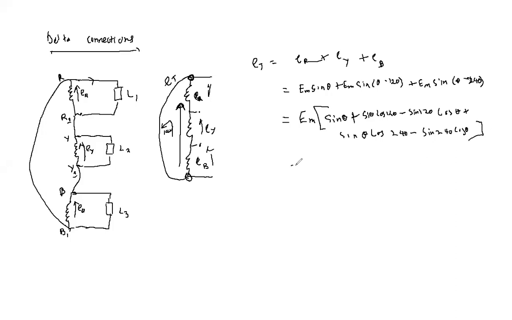Now, if you punch this in the calculator, you get a 0. That means there is no current that will flow here, since we don't have an EMF between these 2 points.